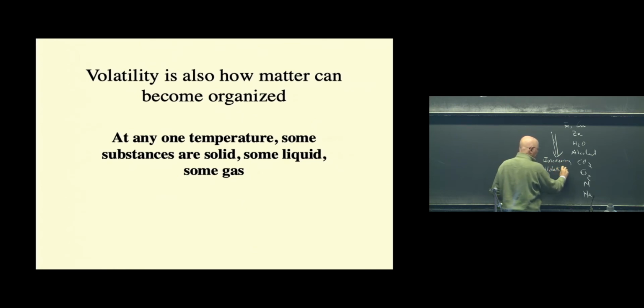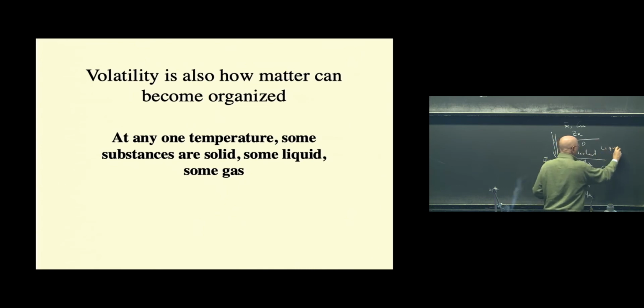Apologies for my handwriting. If we had a temperature like we have in this room of 25 degrees centigrade, we know that these are gases, these are liquids, and these are solids.